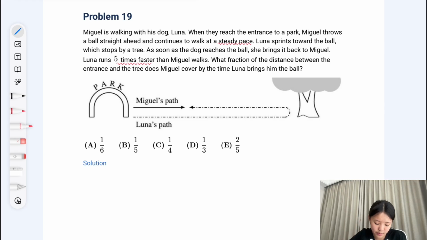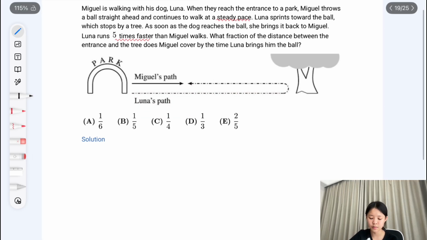Something that's very helpful here is to give us an image of what this would look like. They give us the path of each of these two entities. So Miguel goes here, and he just stops there because Luna runs all the way back and meets him here. So if we take the distance, let's write it first as d.